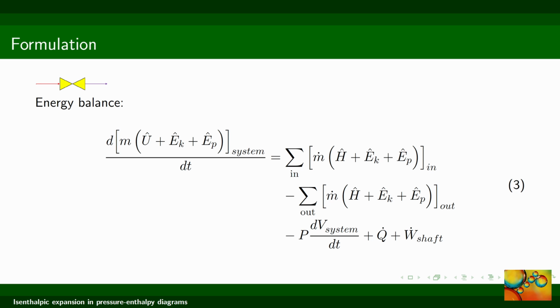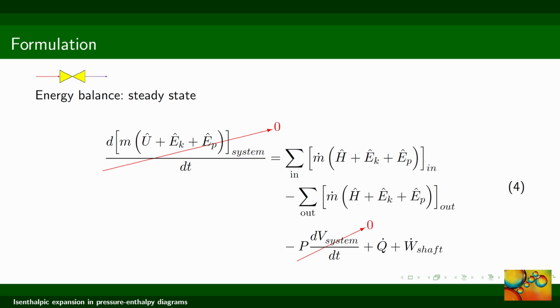We now proceed to examine the energy balance. On the left-hand side, we have the time variation of the energy in the system, and on the right-hand side, the effect of the input streams, output streams, expansion, contraction of the system, heat transfer rate, and shaft power. As we're dealing with a steady state, the time derivatives on the left-hand side and on the right-hand side vanish.